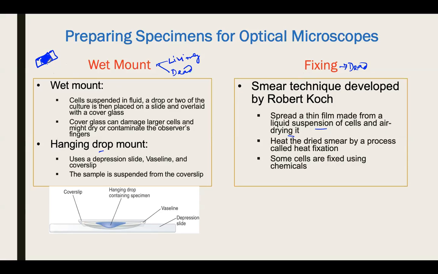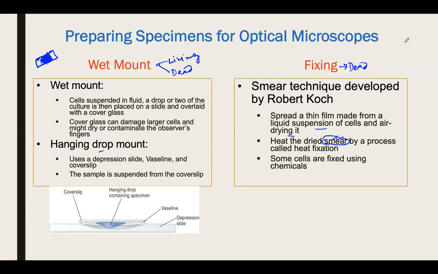And when we spread, we try to spread the specimen evenly. Basically, we want to make a thin layer of specimen onto that slide. And that thin layer of specimen is called smear. Okay, so when we spread the specimen onto the slide with the help of water, it's called smear.